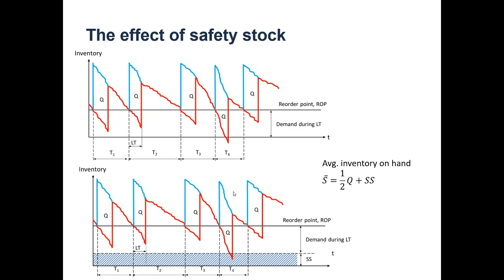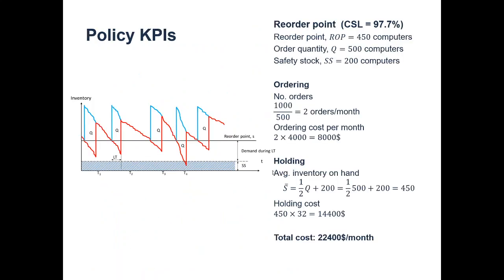And this is reflected in our KPIs. To summarize our policy KPIs, we use a reorder point where the probability of meeting all our demand is 97.7%. Our reorder point, as discussed in previous videos, is 450 computers.